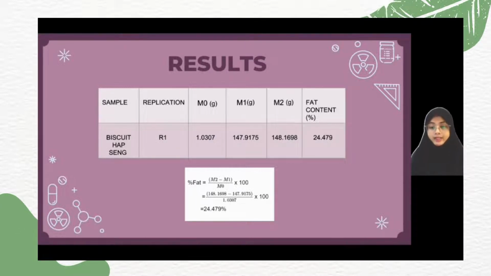M1 is the extraction beaker with boiling stones, 147.9175 gram, and M2 is the extraction beaker plus stones with the fat content, 148.1698 gram, and the fat content is 24.479. We use this formula to calculate the fat content: we minus M2 with M1, divide with M0, and multiply with 100.